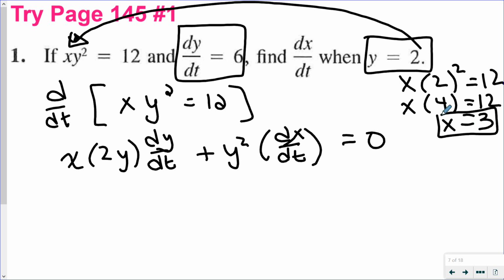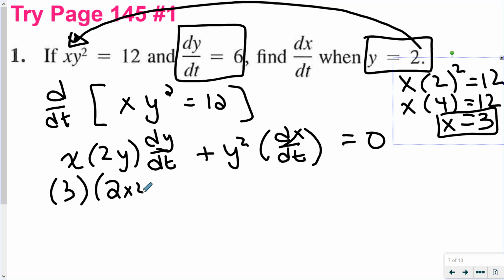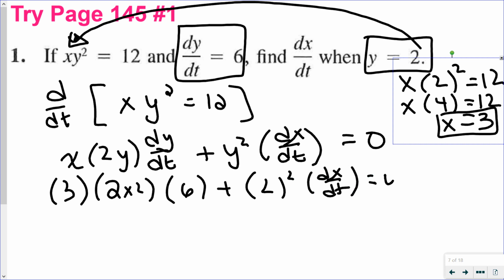So remember, there's only one thing that you're not allowed to know. So now I know everything except for dx by dt, which I'm trying to solve for. So I have x, which is 3, 2y, which is 2 times my y value, dy by dt, which is 6, plus y squared, times dx by dt, which is what I want, equal to 0. Okay, so now I just have to tidy this up.